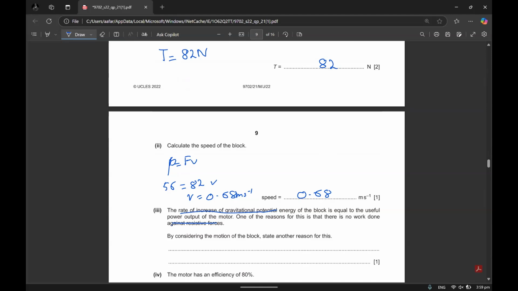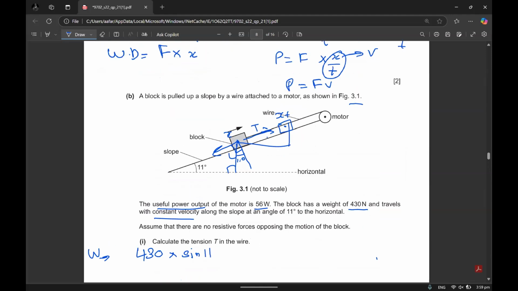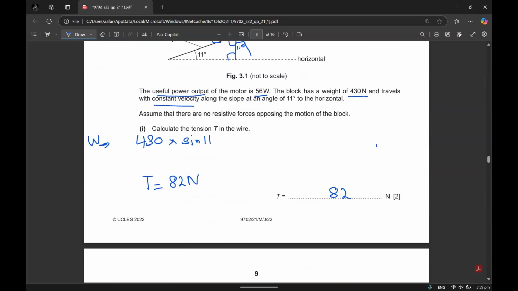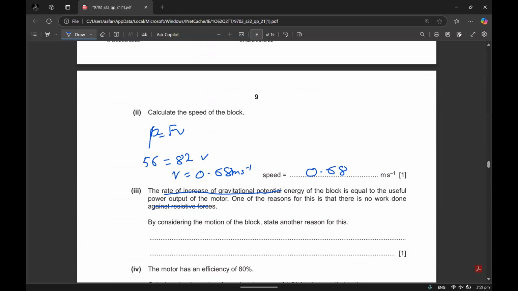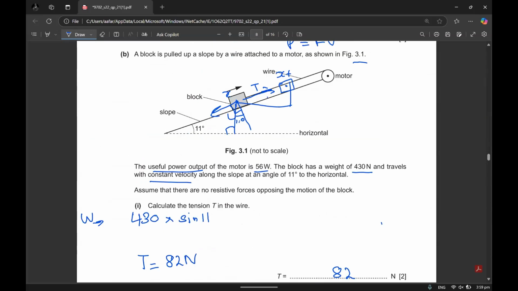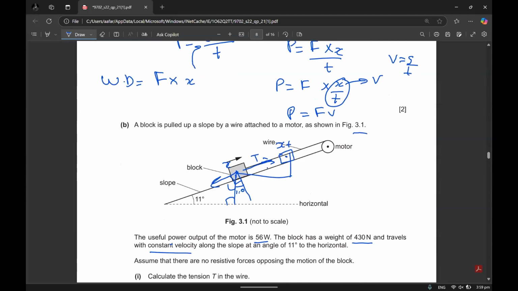So now it's asking, by considering the motion of the block, state another reason for this. The only way that's possible is if all the power output is being converted into GPE, and that's essentially what's happening.